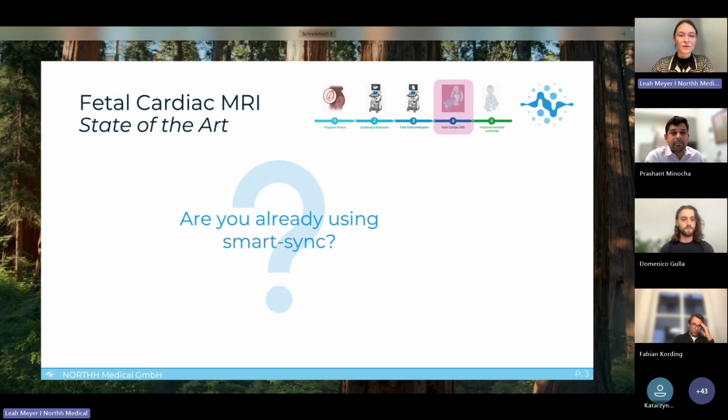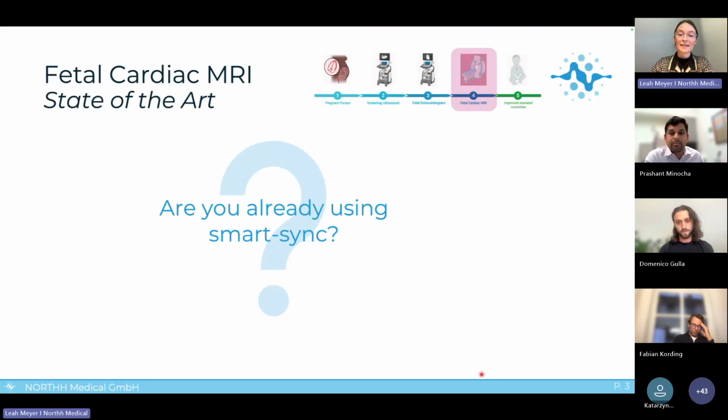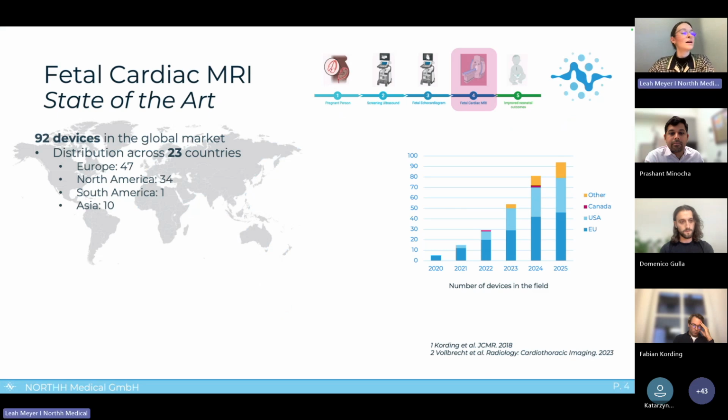So let's further jump into the next slides. Now, how do we know about the impact of fetal CMR? Looking at the state of the art, in the last 5 years we've established a fetal CMR community with a total of 92 devices in the global market, with 23 countries, a lot of them in Europe, North America, starting in South America, but also now Asia.